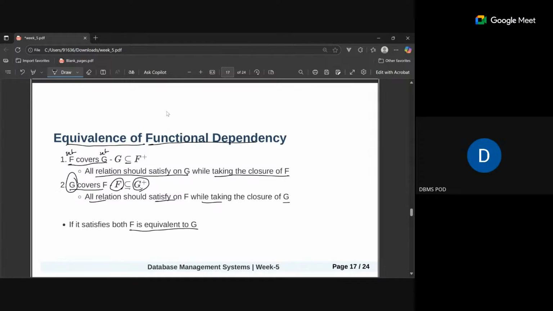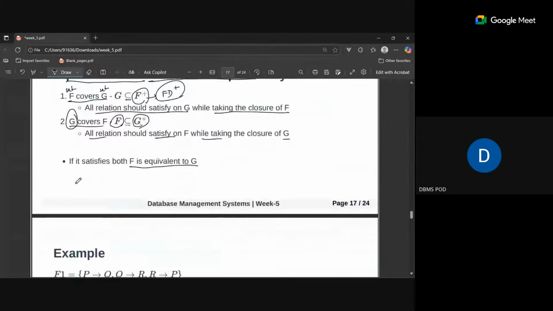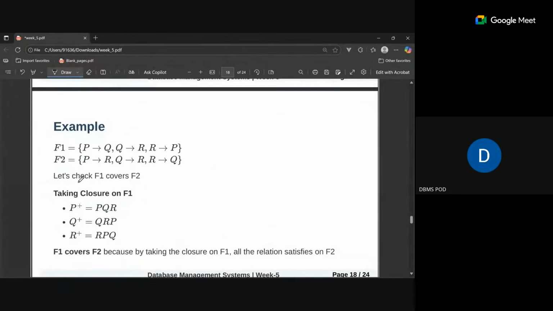Generally, what we used to do is take some candidate key and take its closure. In order to find a candidate key, we took closures like AB plus, A plus. So F plus denotes the functional dependency closure. Generally, this is what it symbolically denotes, but I'll give you an example in the next one.